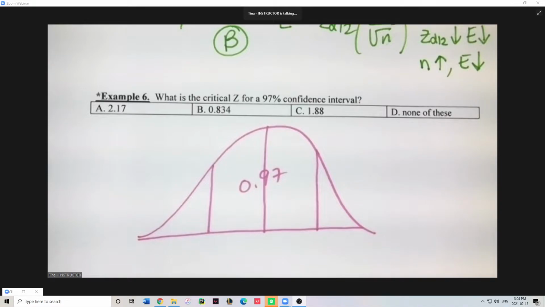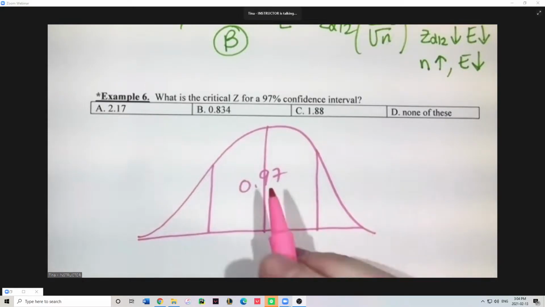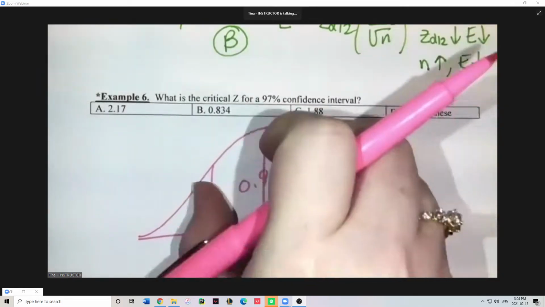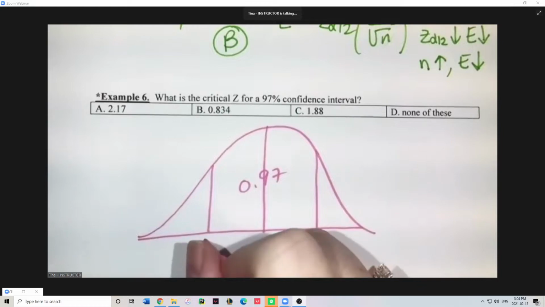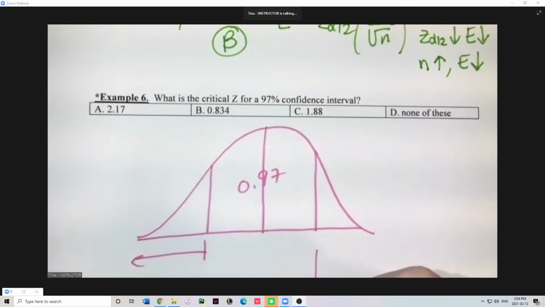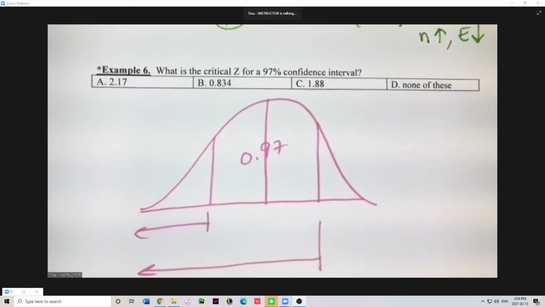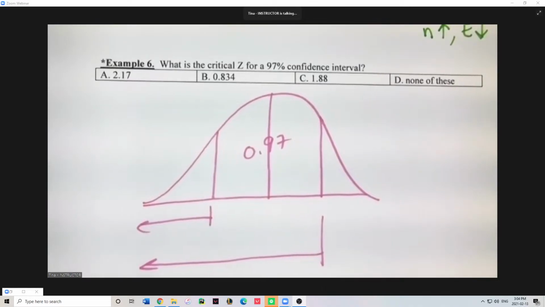So what you have to remember when you're looking up the critical for 97% confidence interval is you're not looking up 0.97, okay? So that's the first thing to know. If you're looking at 0.97 and doing a 97% confidence interval, then you're making a mistake. Your confidence interval is the middle part here. That's the 97%. But the number that you can look up on the actual Z table is either the area below this line or the area below that line. Those are the two numbers that you can look up on the Z table.